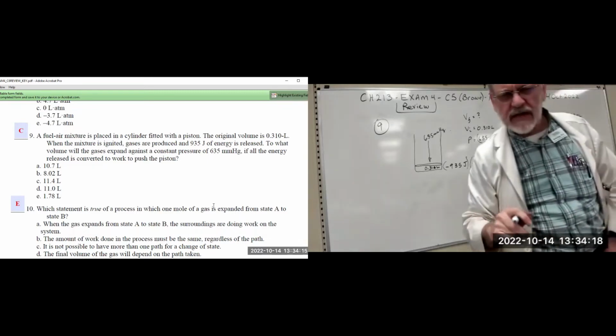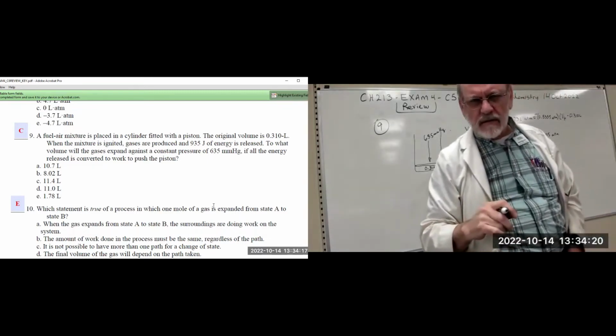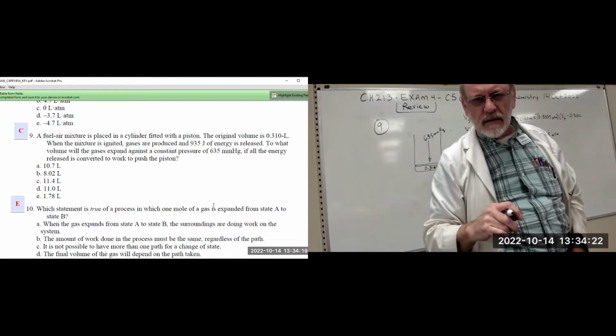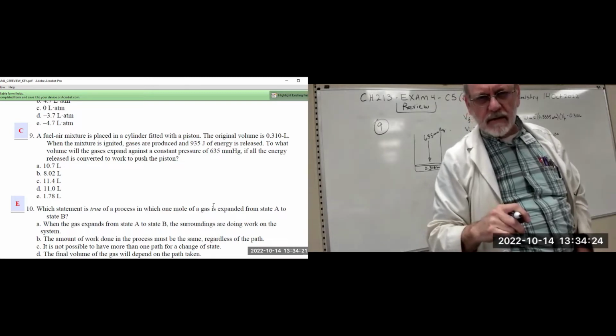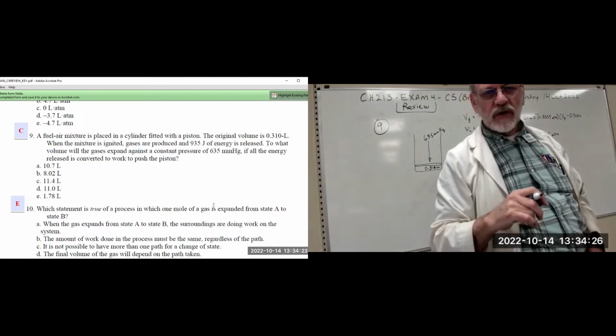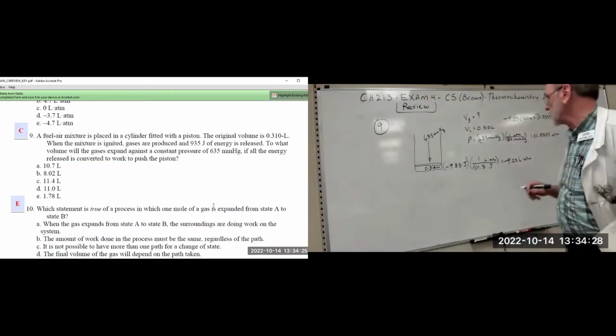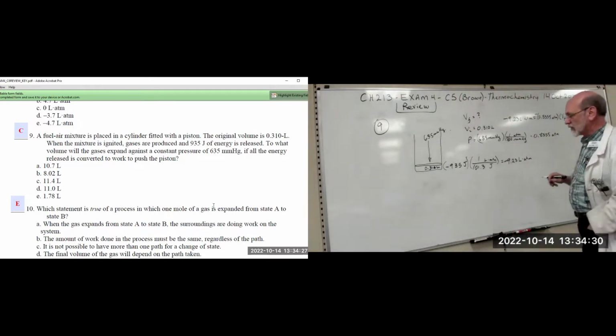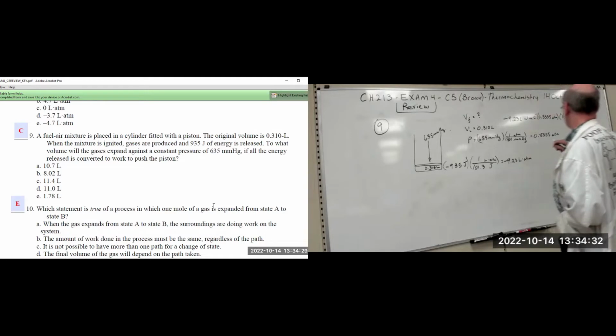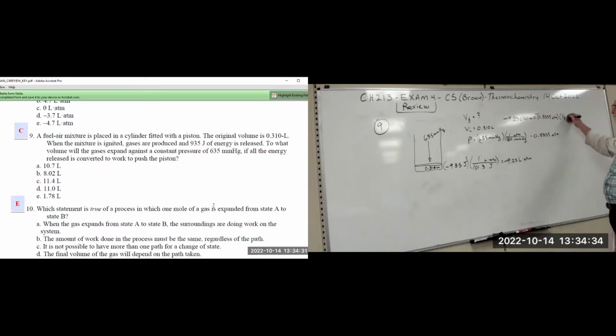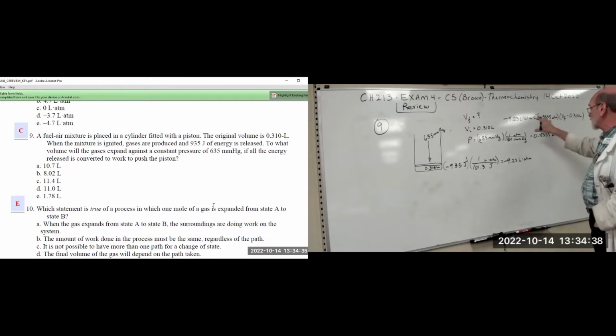Let's look at the question again. To what volume will the gas expand? So the gas is going to expand to a final volume. All right, so now we need to solve that equation in one unknown.